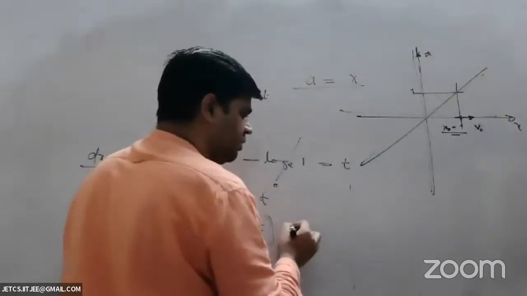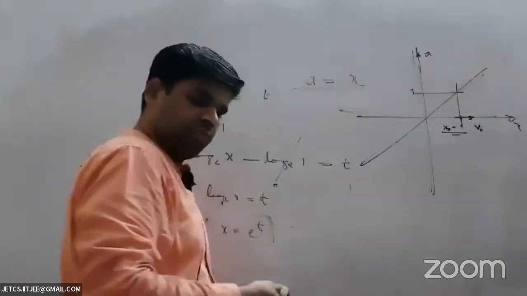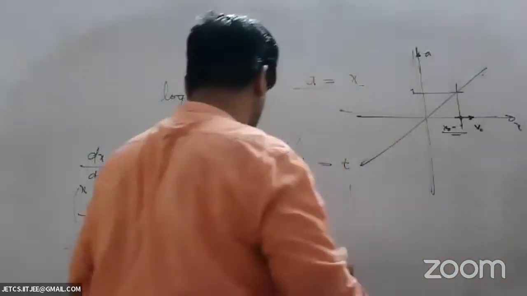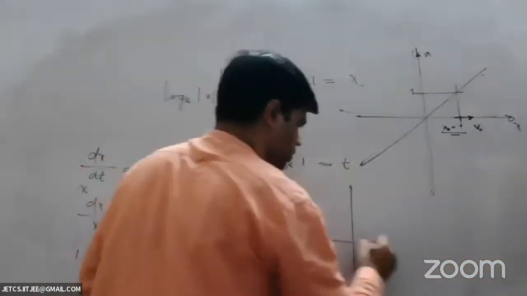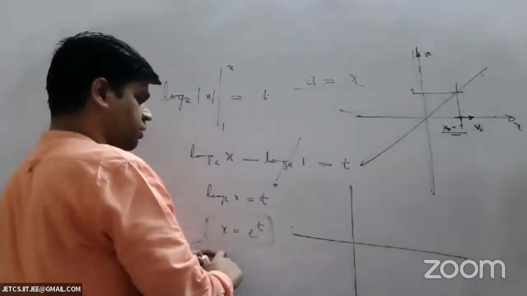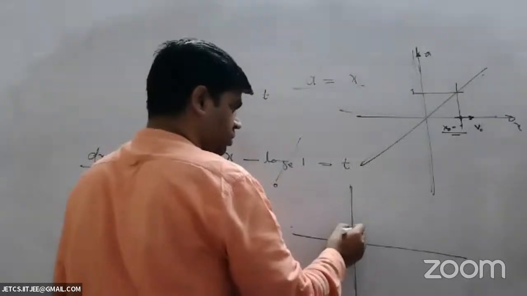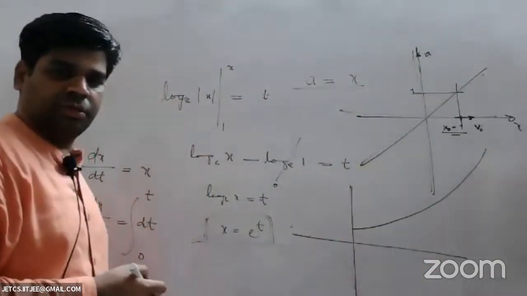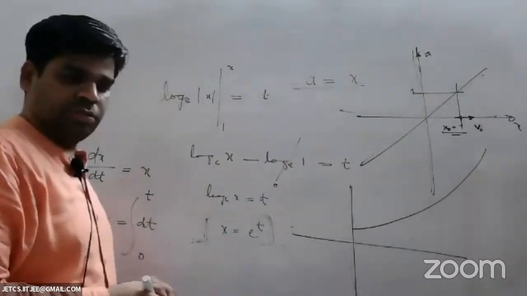If I plot the x and t graph, at t equal to 0, my x is 1, and it keeps increasing.